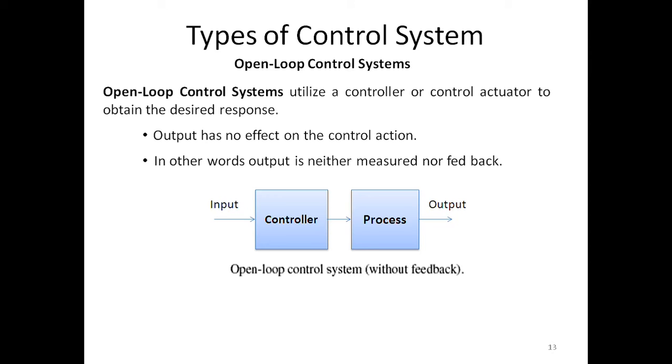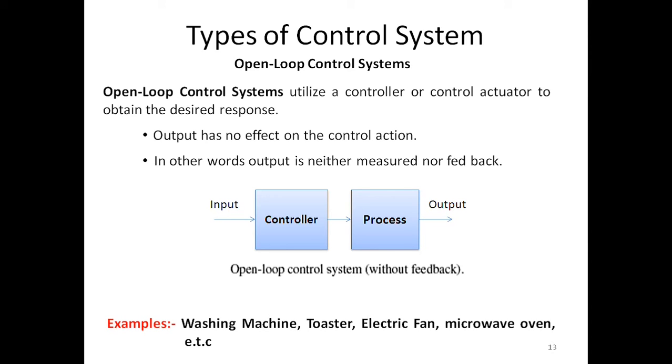We are not at all measuring the output quantity or output variable, so there is no effect on control action. In other words, output is neither measured nor fed back. So this is a simple block diagram of an open loop control system, which is nothing but a system without feedback. Basic examples are washing machine, toaster, electric fan, microwave oven, etc.